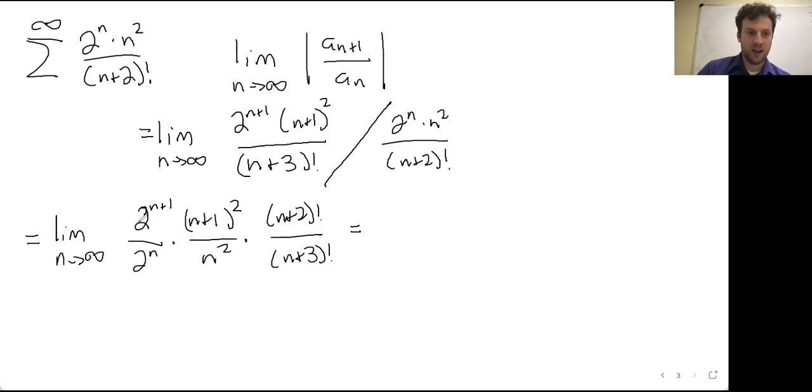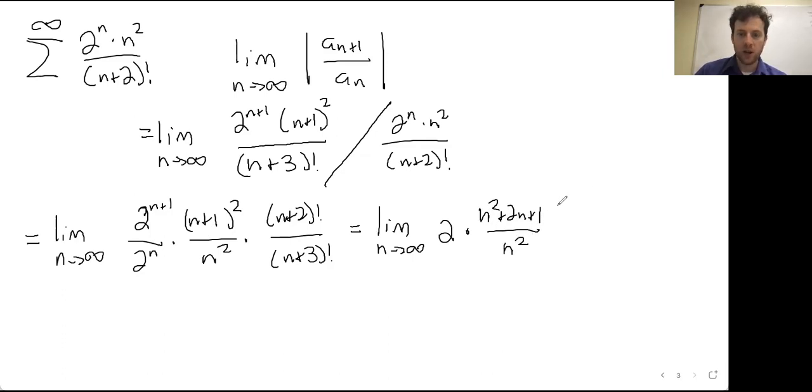And then we get some simplifying. With the exponentials, we have one more factor of 2 on the top, so that gives us just an extra factor of 2. Here we can multiply this out, n squared plus 2n plus 1 over n squared. And then with factorials, we actually write out the multiplication that happens. So starting with the number inside the factorial, that's n plus 2, n plus 1, and so on. And then on the bottom, we start with n plus 3.